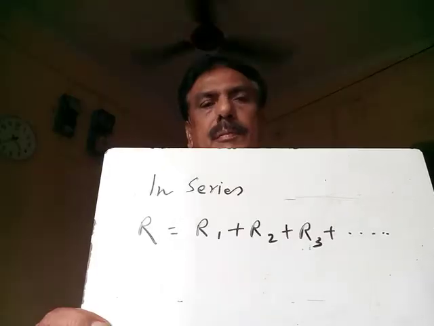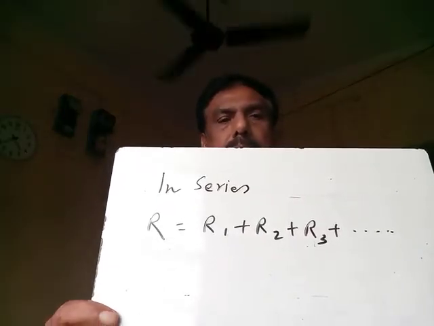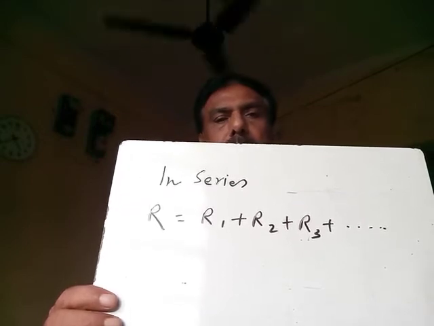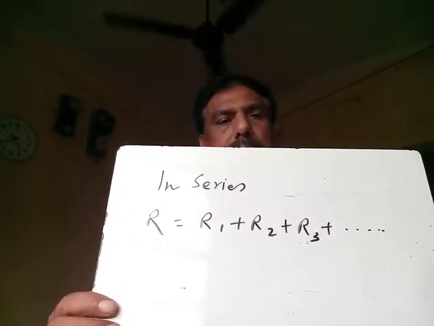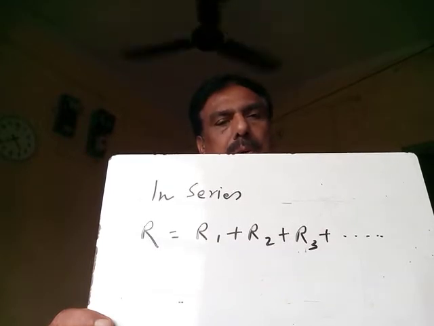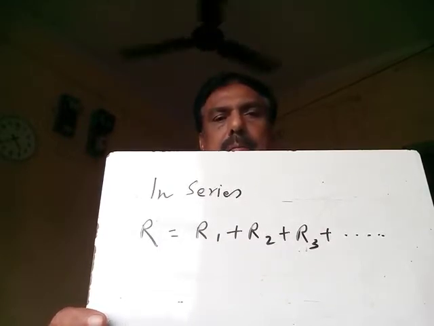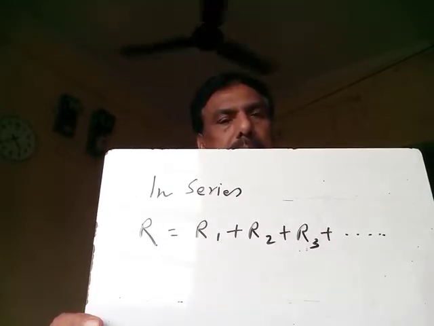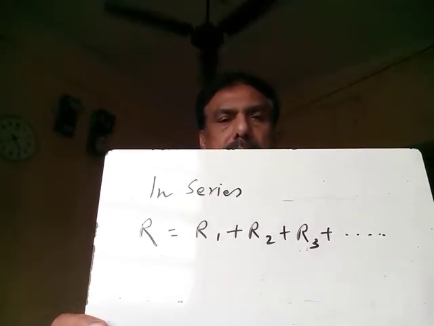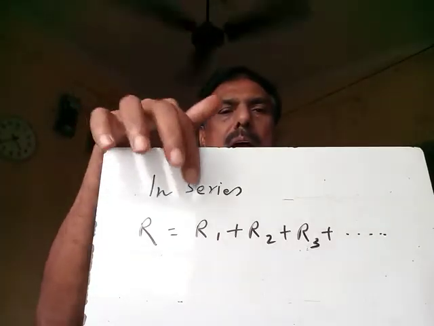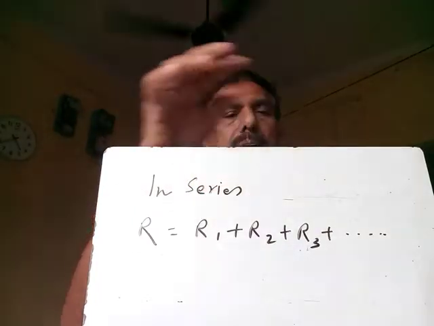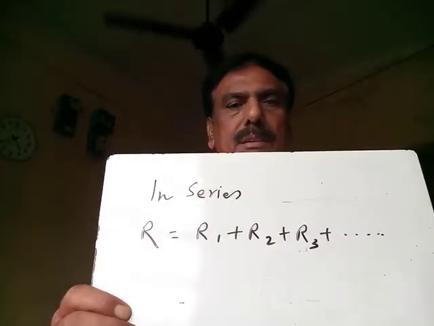If R is the equivalent resistance, then R is equal to R1 plus R2 plus R3, or R4 and so on. You can connect many more than 3 or 5. So the equivalent resistance will be R equals R1 plus R2 plus R3. This is in series.